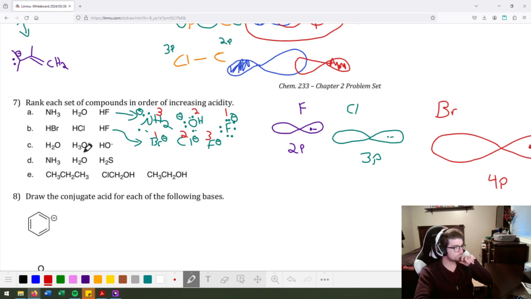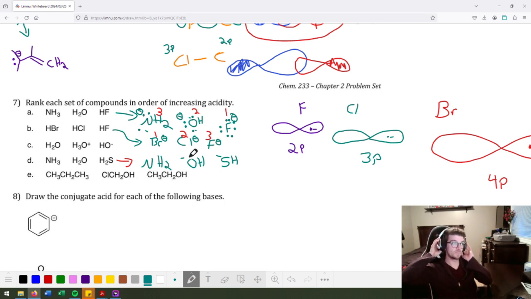Okay. Alright, so for this one, I think this one's actually kind of interesting. Now we're going to have, again, NH2 minus, and OH minus. But now we've also got SH minus as well.